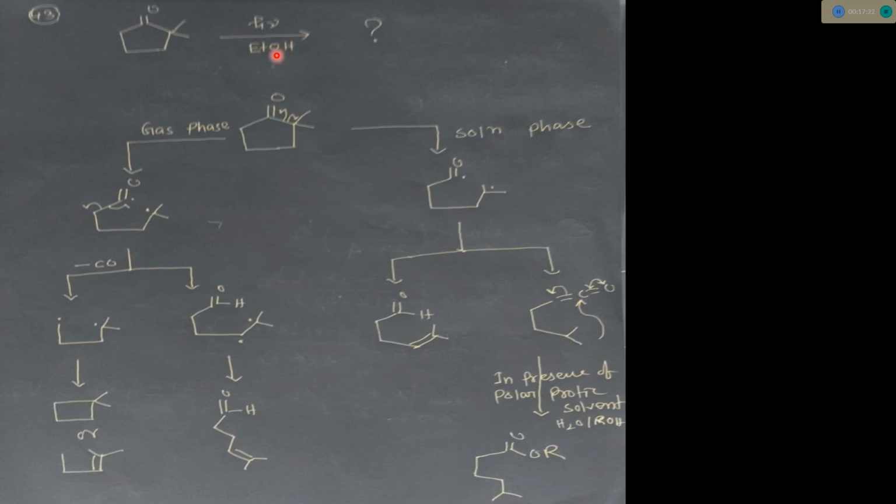Since we use ethanol, a polar protic solvent, if the CO group leaves, then one side radical is stable, but if the CO group leaves as carbon monoxide, then the radical formed is a primary radical. So in this case the CO group cannot leave as carbon monoxide, so it turns into a ketene, and then the ketene reacts with ethanol to form an ester like this.